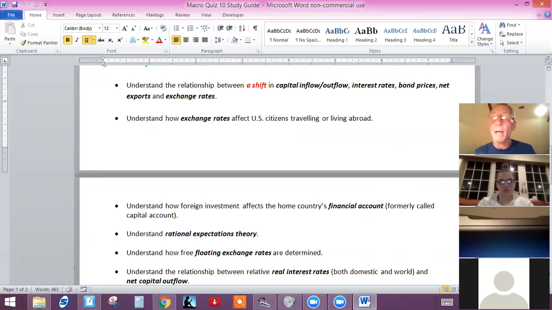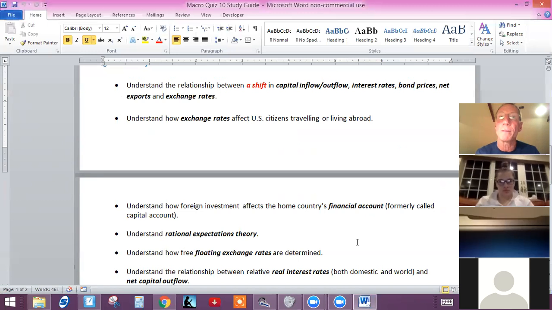So when we're having a capital inflow, that means our financial account is going up and our current account is going down. Why? Because financial inflow means imports, we're buying more than we're selling. So our current account is the trade balance, right? Exports versus imports.